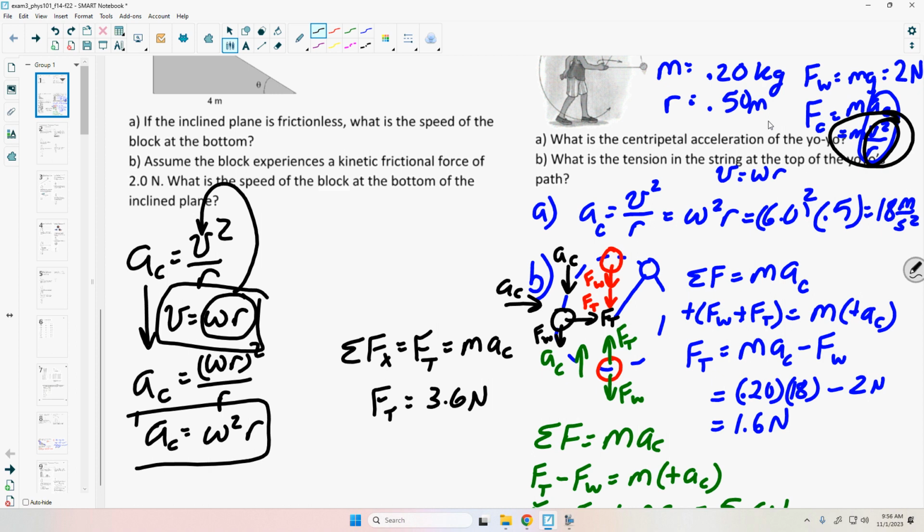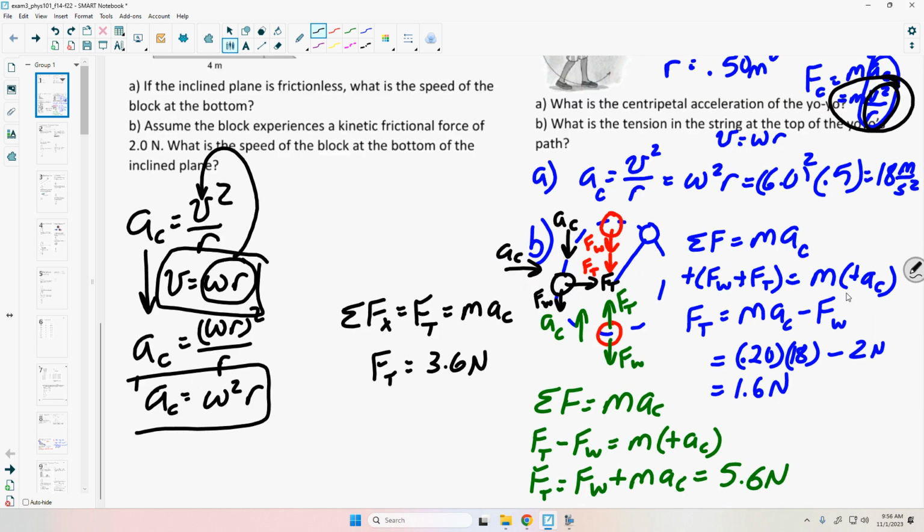Because I know that my acceleration here is entirely to the right, towards the center of the circle, and my tension is towards the center of the circle, I only need to consider my x forces. There is something going on in the y forces, but I don't need to worry about it. Notice here, my biggest tension is at the bottom, my smallest tension is at the top, and on the sides, that tension is somewhere in between.